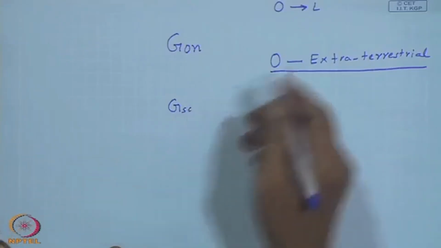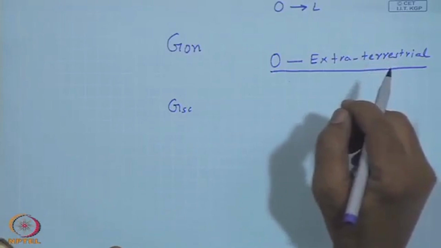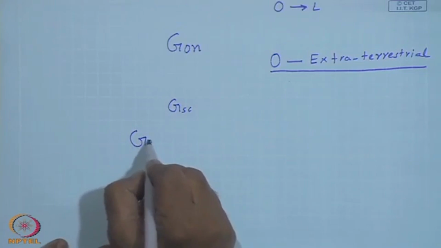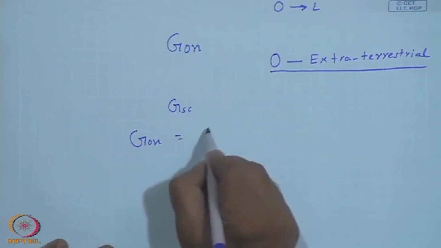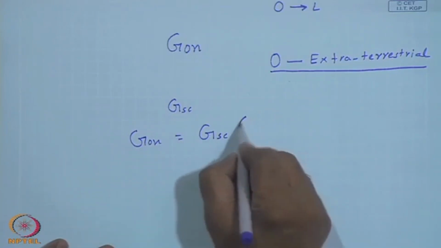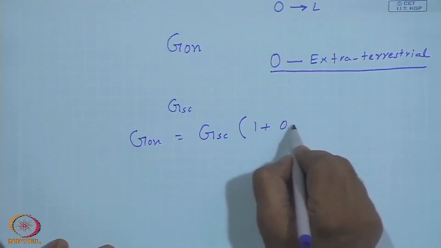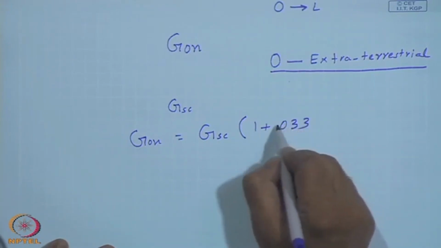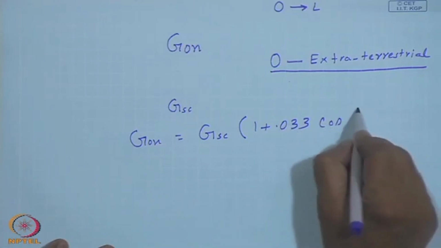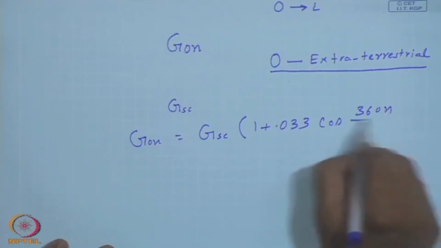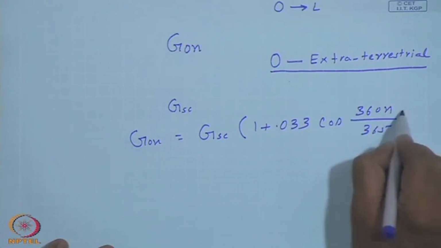So, GO or GSC is the solar constant if the surface has been at the mean radius between the sun and the earth distance. If you take on any given day, that will vary like the solar constant times 1 plus, it is about 1.7% plus minus, 0.033 cos 360 n by 365.